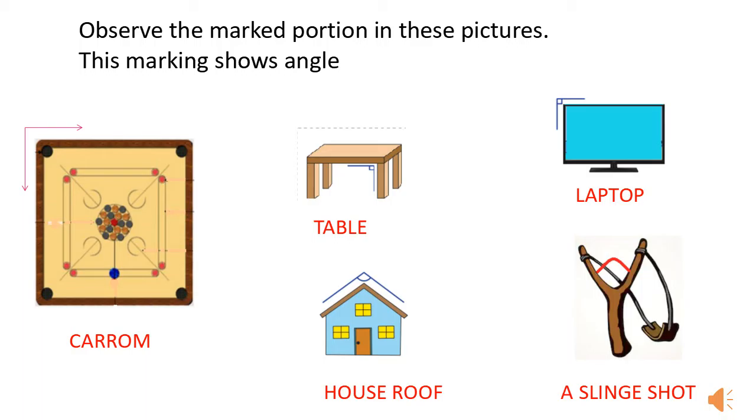Now observe the marked portion in these pictures. See the pink marking in carom, blue marking in table, laptop screen and house roof, red angle marked in slingshot. This marking shows angle.